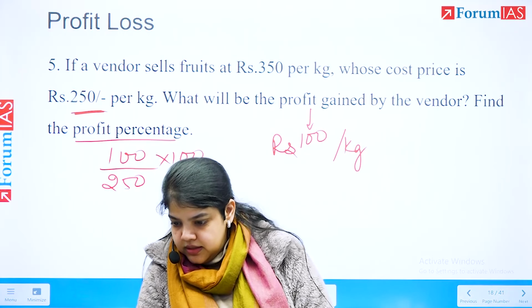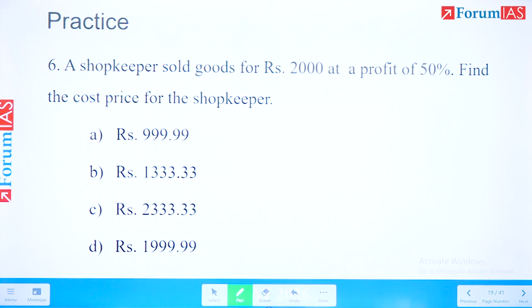Yes, Dhananjay, profit is 35 each pen. Now a better question. Now let's solve this. A shopkeeper sold goods for rupees 2000 at a profit of 50%. Find the cost price for the shopkeeper.